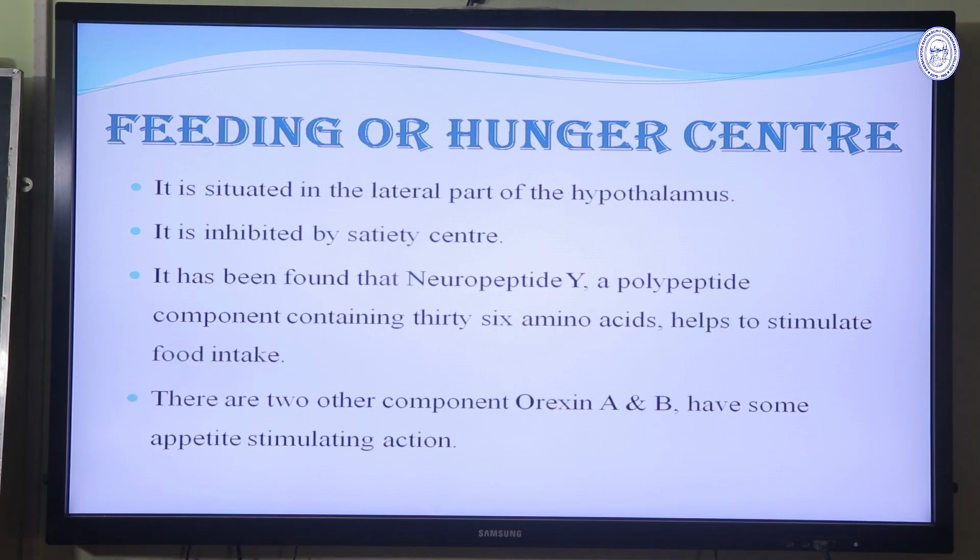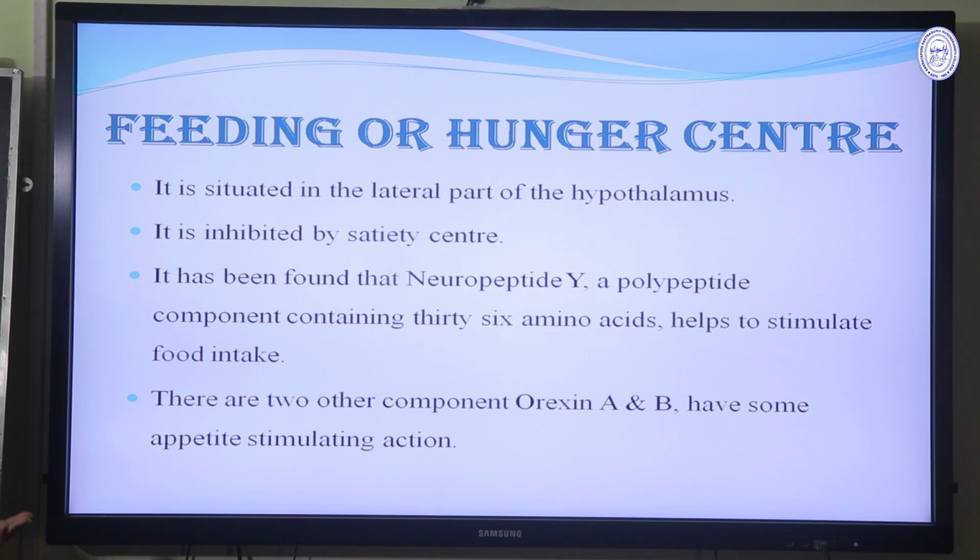So, the feeding center, or hunger center. What is the feeding center? It is situated in the lateral part of the hypothalamus and when it is stimulated, it helps us to feel hungry, and this center is inhibited by any stimulation from the satiety center.